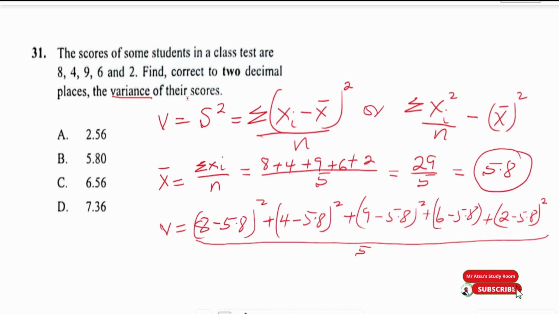And since a calculator is permitted on this exam, I will not worry myself by doing all these calculations. I will just substitute them into the calculator like we have it. So let's get onto the calculator and do that.